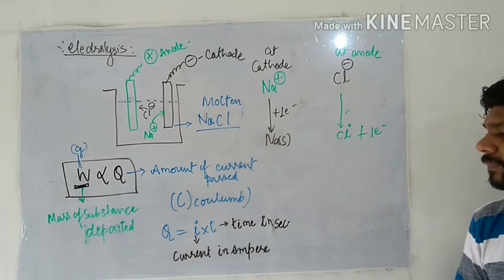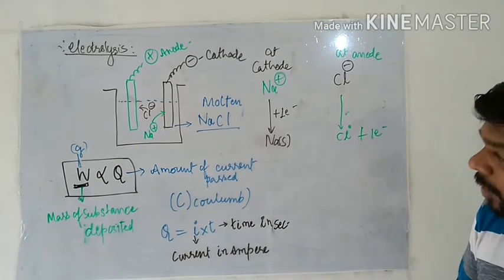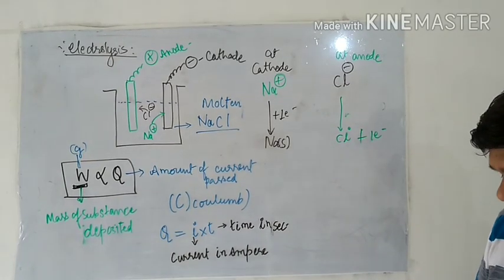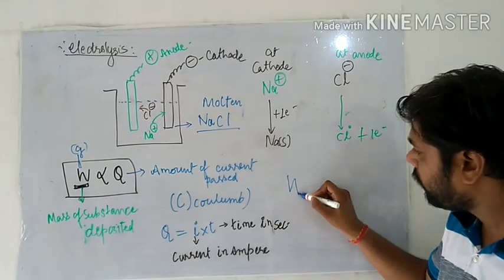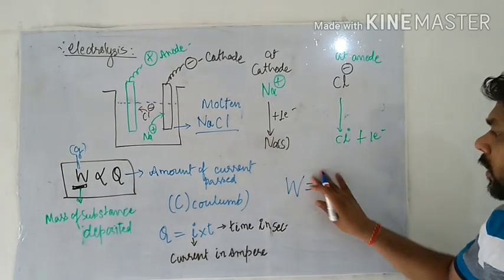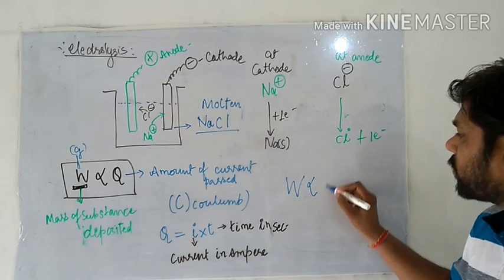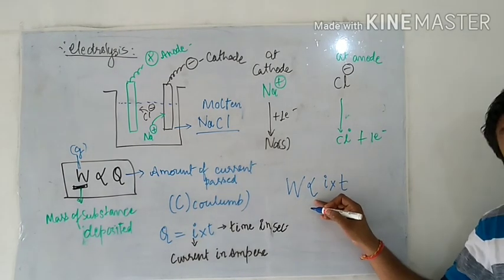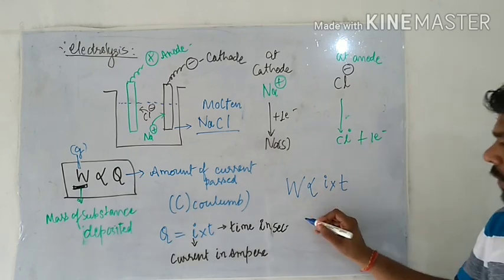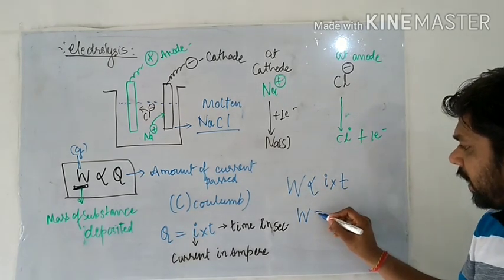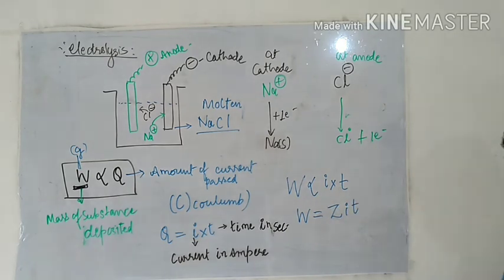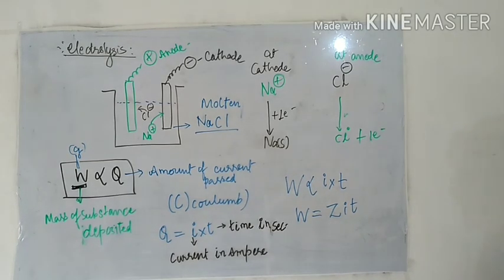So W is directly proportional to I into T, and if we remove the proportionality sign, we get another constant here, so W is equal to Z into IT.